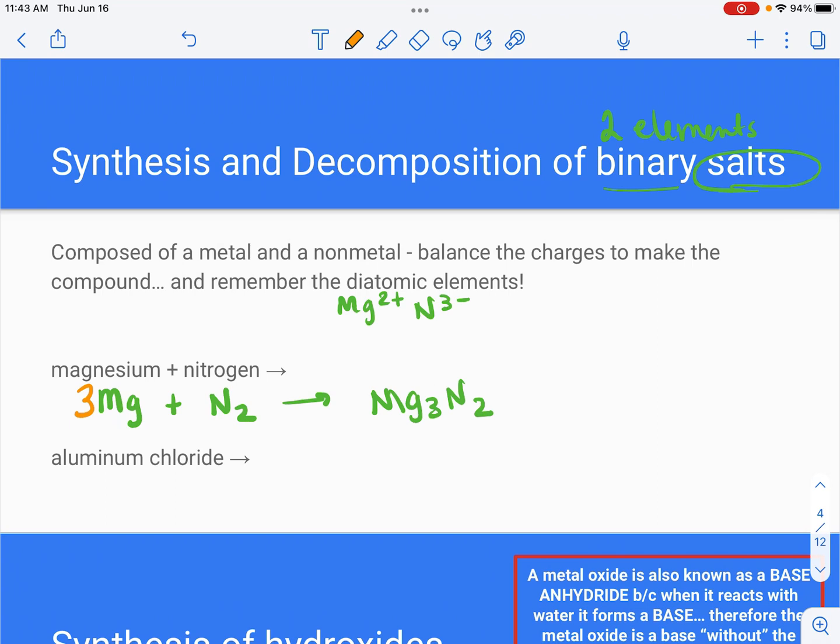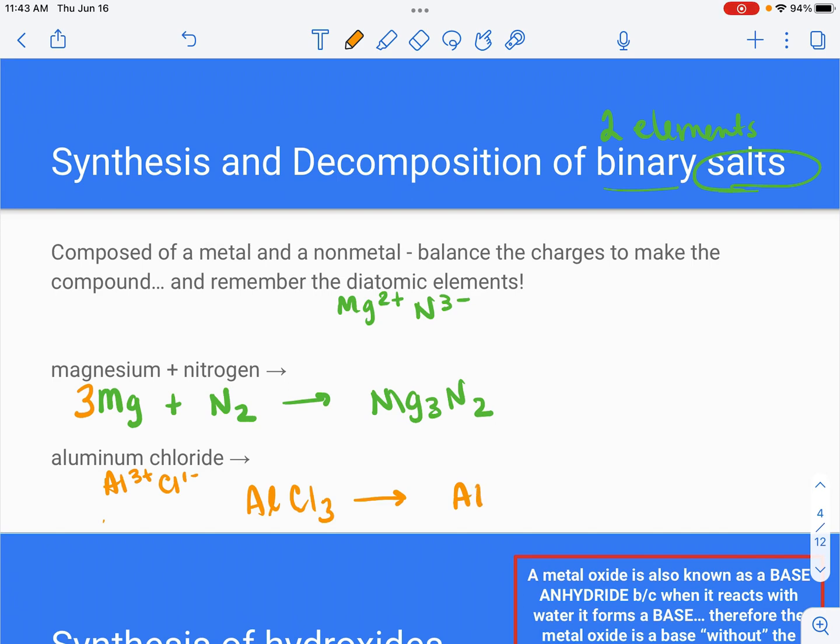We can do the same in reverse for aluminum chloride. Aluminum is a charge of 3 plus and chloride is a charge of 1 minus. So the formula of the compound that we're starting with will be AlCl3. And when it decomposes, it's only two elements, so it has to decompose into those two elements.